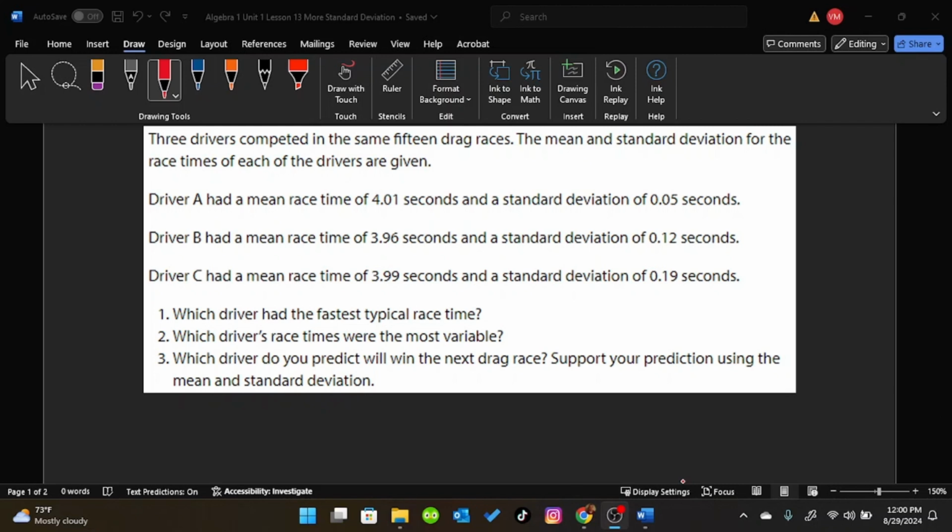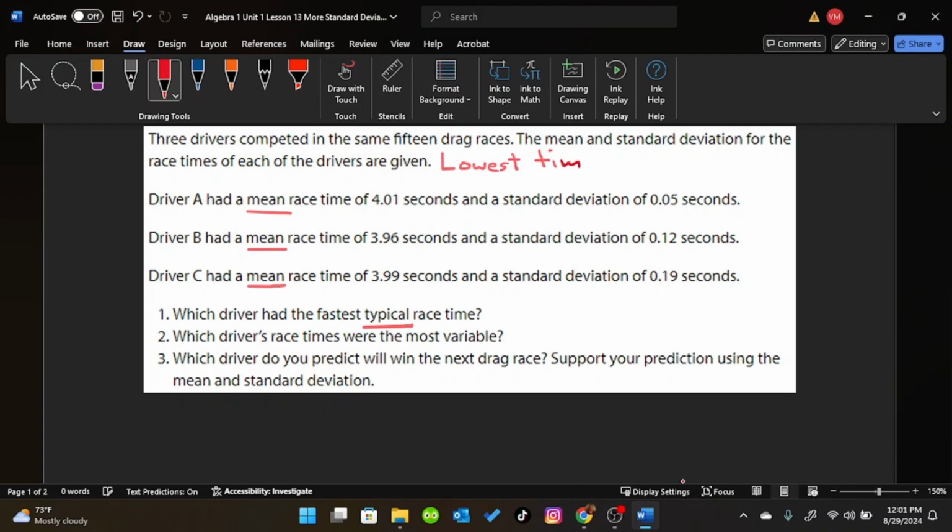So the word that we want to key in on here is typical. And if we want the typical race time, then we want the mean. So that is what we're going to compare on each of the drivers. Because this is a race, lowest time is fastest.